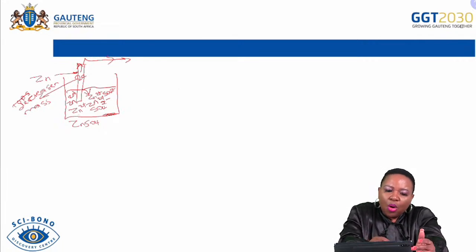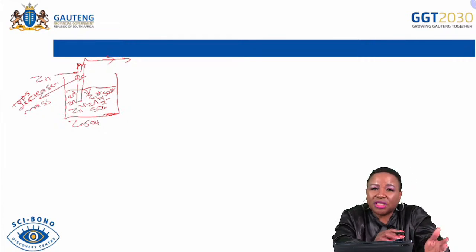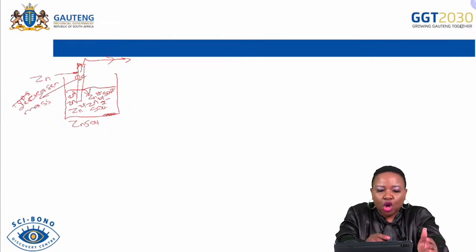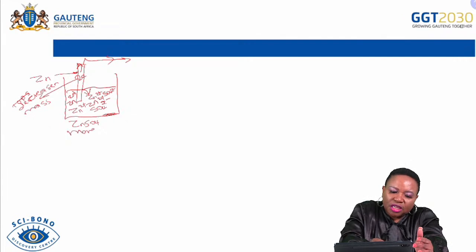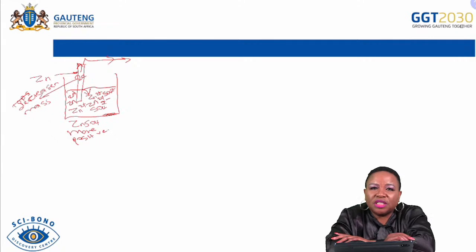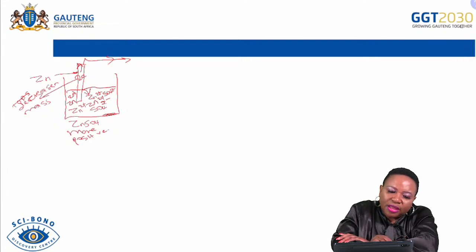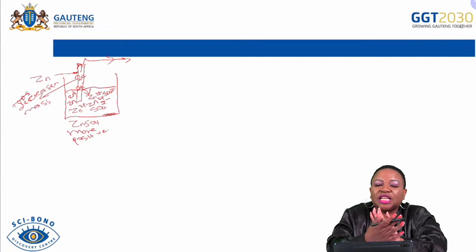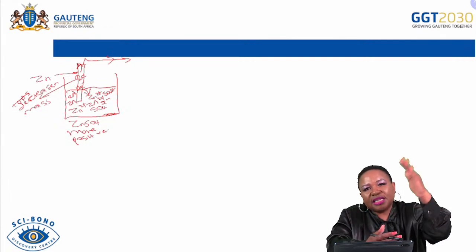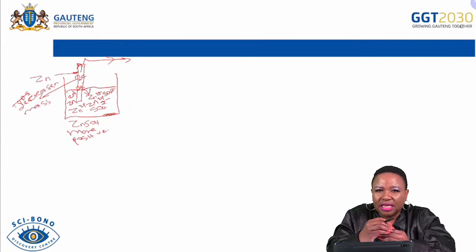Now, this side of the zinc half cell is having more positive ions than negative ions. So it means this side of the zinc electrode is now more positive. What caused this side to be more positive is the zinc ions that are coming into the solution as the electrons are moving out of them. That is why the zinc electrode is becoming negative, because some of the electrons are still on the zinc electrode as the electrons are being repelled away from it.